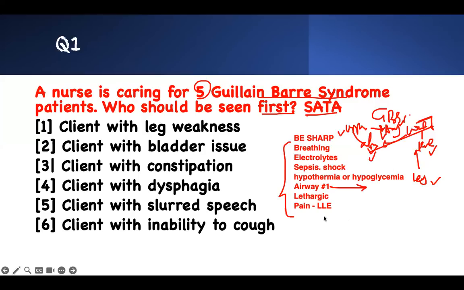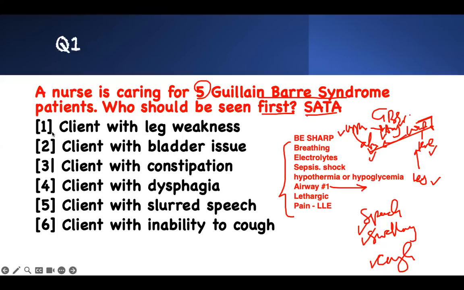And how does an airway problem present in this patient? Look for speech changes, look for swallowing changes, and look for cough. If your speech is affected, you can't swallow well, and you have a cough, yes, I'm worried.